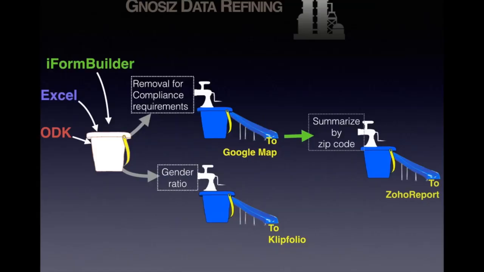So the idea behind it is, let's say you have iFormBuilder data, you have an Excel file, and you're using ODK, Open Data Kit data, and you have those three different files and data sets. You can put all of those in one bucket. From there, you can say go to this, meet this criteria and go in this bucket, and then go here, working your way through this process. Or you can filter it and aggregate it based on different criteria that you set forth.